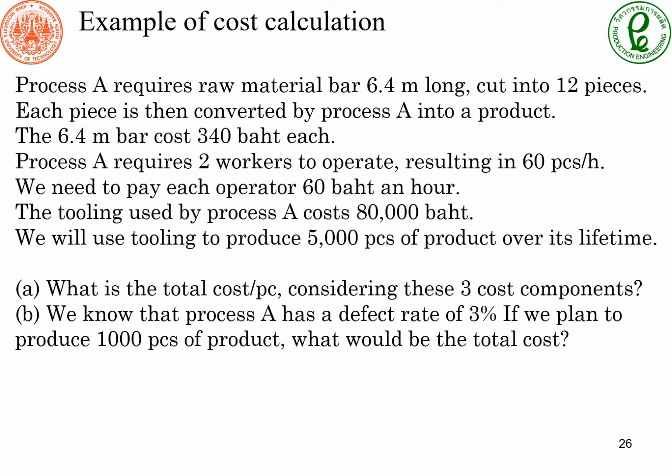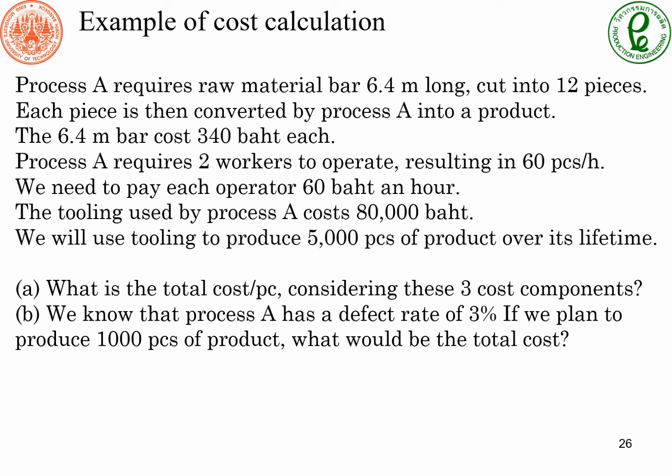Let us take a look at how we calculate direct costs. Process A requires a raw material bar 6.4 meters long, cut into 12 pieces. Each piece is then converted by process A into a product. The 6.4 meter bar costs 340 baht each.